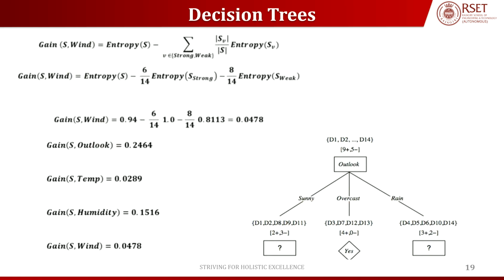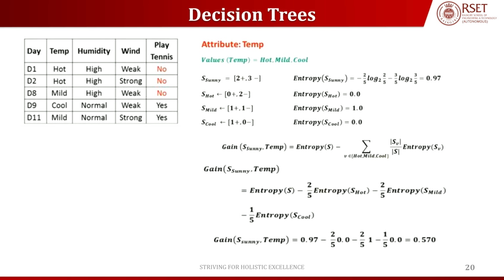First we'll go for splitting the sunny branch. We can focus on the 5 sunny days. We have to figure out which feature, temperature, humidity or wind, gives us the best split for this subgroup. First is humidity.